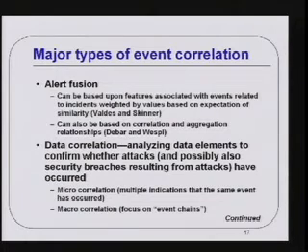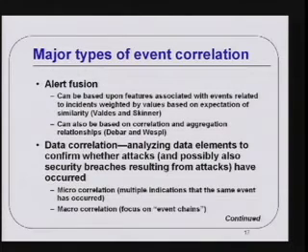Also, there's other work that uses more statistical approaches like correlation and aggregated relationships between the various outputs that you get from systems. But the approach I want to focus on for the few minutes I have remaining is data correlation.